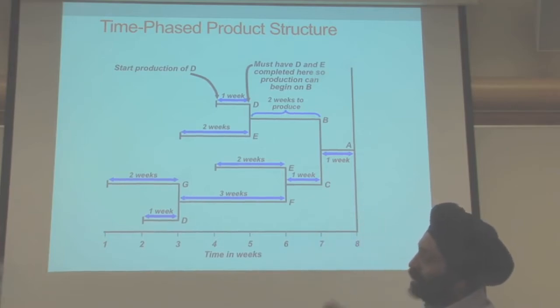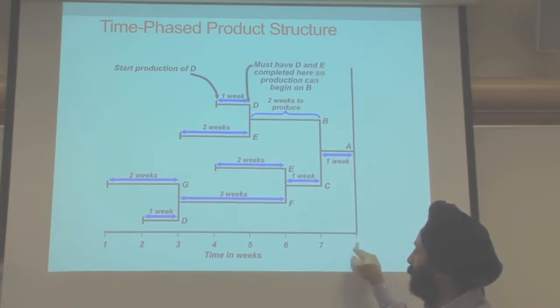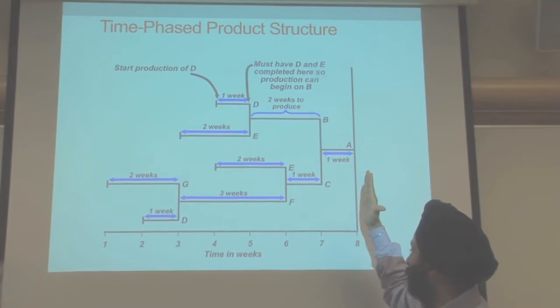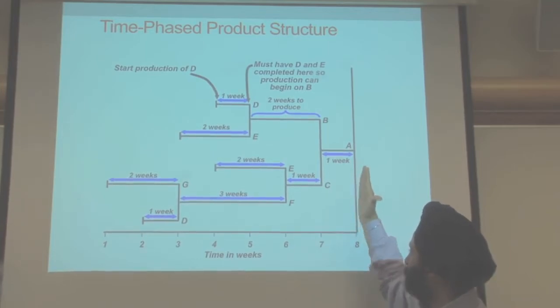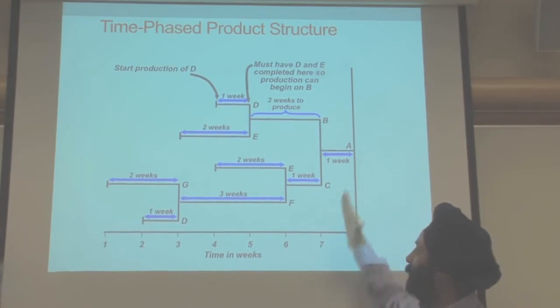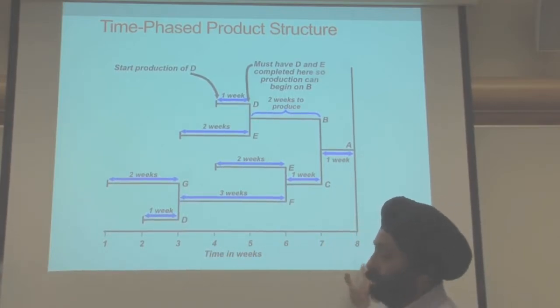If the customer says you have 8 weeks to go, you put that line over here, or you can put 0 over here and go -1, -2, -3, or you can say, okay, in this case, this is the time when the final finished good item is needed. And these represent each period, and we can easily number them later on.